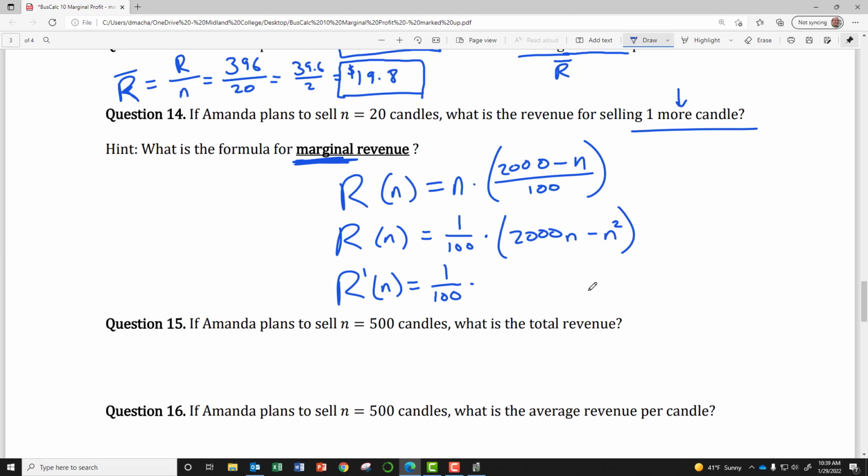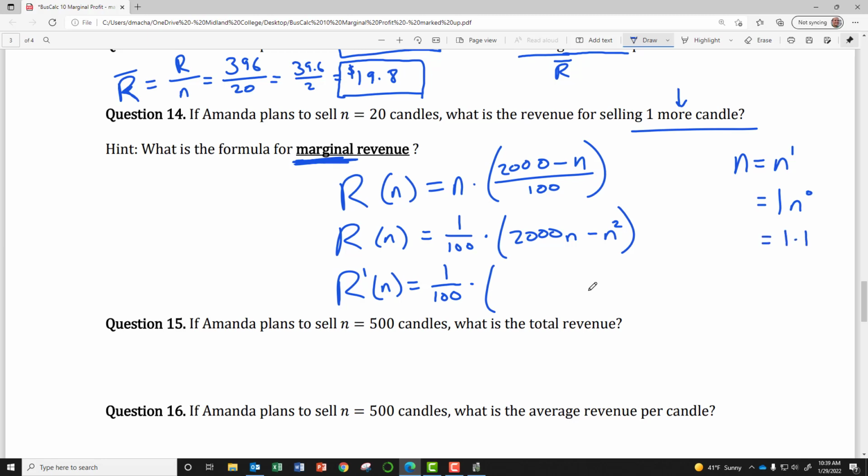And why do I just get to keep constant multiples? Well, we call that derivative homogeneity. So we just ignore constant multiples when we take the derivative. Then this term right here where it says 2,000 times n, well, the power rule for n to the 1 power tells me that that should become 1 times n to the 0 power.